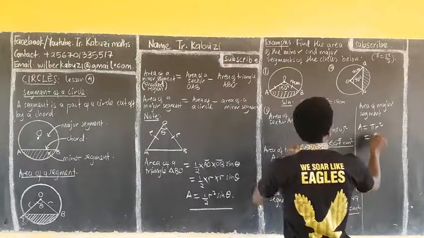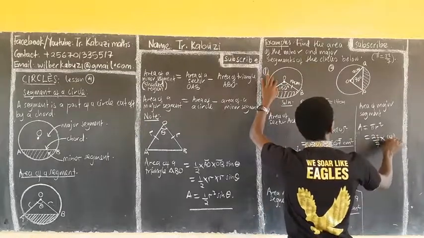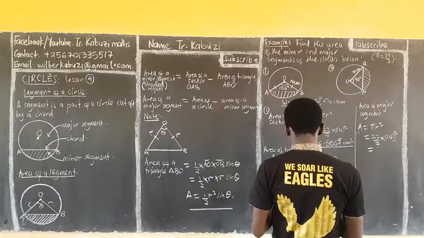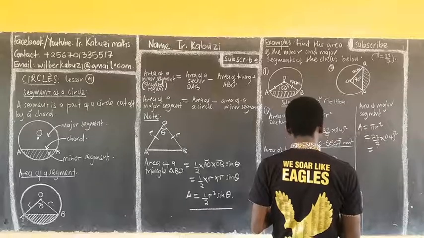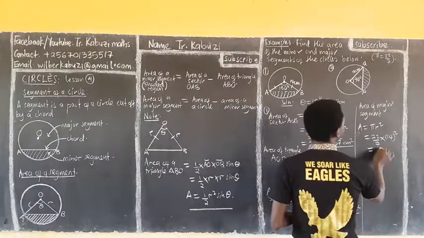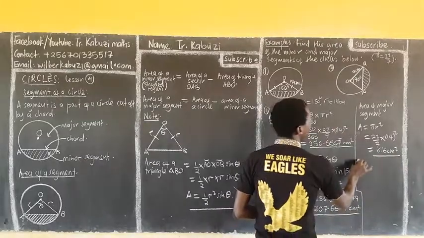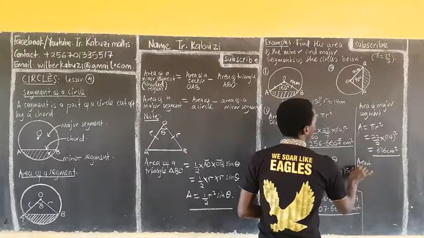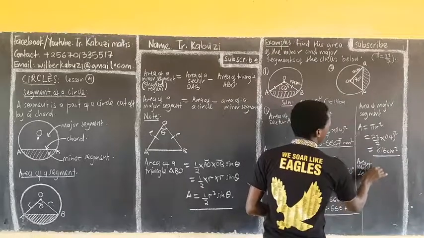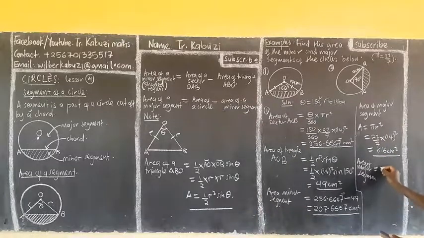This will be 22 over 7, then times the radius, which is 14, the whole squared, which will be 616 centimeters squared. So now the area of the major segment will be this area minus the area of the minor segment.